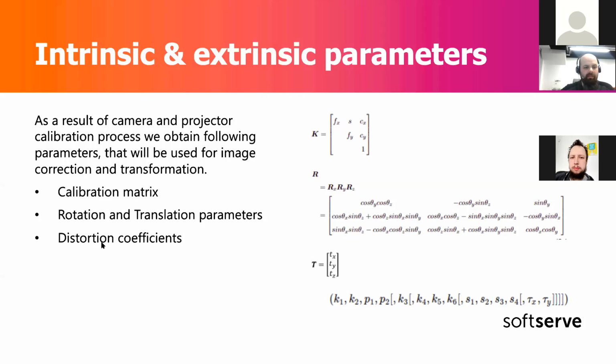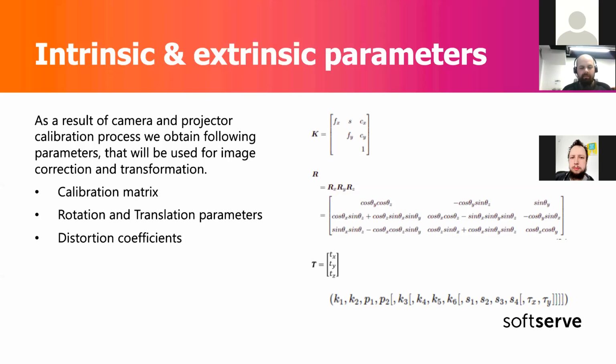And actually one of the most important for our method is the distortion coefficients, because the pinhole camera model doesn't take into account the lens distortion. As we all know, there are several distortions that are introduced, some barrel distortion, some pincushion distortion, etc. But fortunately, during the calibration with, for example, the calibration toolbox in OpenCV, the distortion coefficients are calculated.